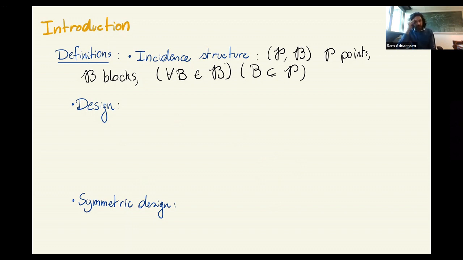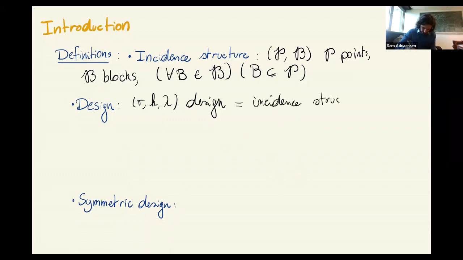Now, the nice incidence structures are the ones which satisfy some regularity conditions. And we will be looking at designs. So by a V, K, lambda design, I mean an incidence structure that satisfies the following properties. The number of points is equal to V. Any block contains K points.